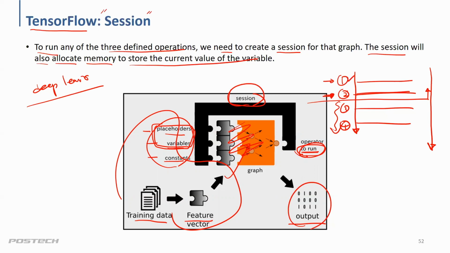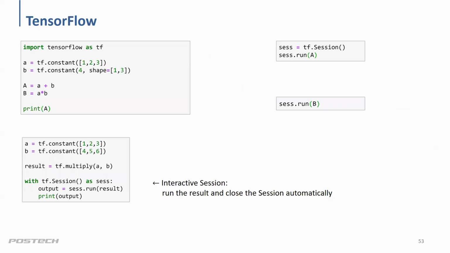So let me explain what this means. Again, this is one of the examples here. I imported TensorFlow as tf and I defined A and B using tf.constant. Here A is like that, and the B value is 4. And you think of the shape.